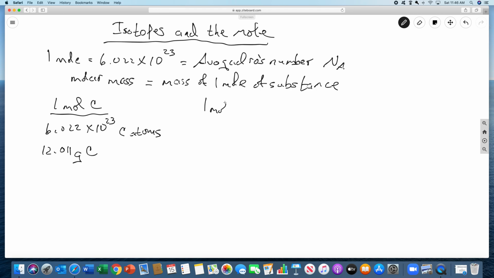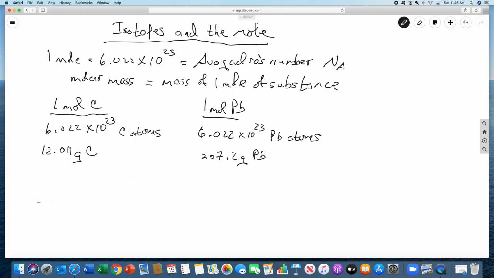Similarly, 1 mole of lead is 6.022 times 10 to the 23rd lead atoms. And it's 207.2 grams of lead. And so you can do all sorts of math with this. And these are always per mole.